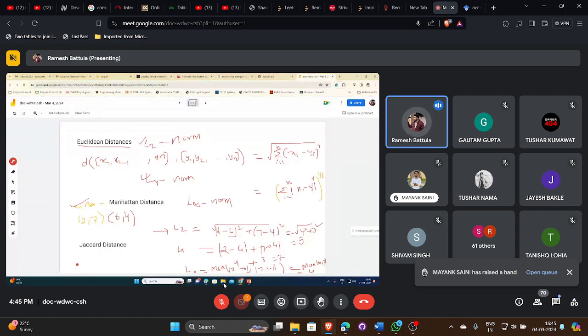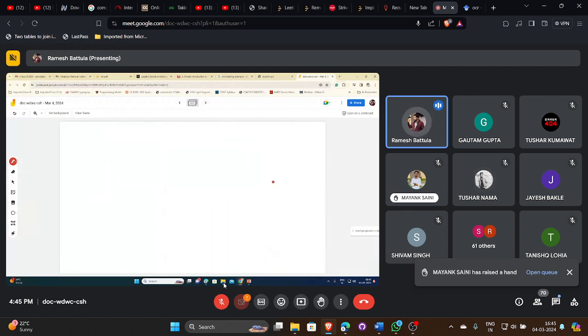Now we move towards the Jaccard distance and try to understand it. Here also you need to create some examples to measure this distance. Ultimately the equation is 1 minus similarity of x comma y, that means 1 minus the Jaccard similarity of the points is our Jaccard distance.